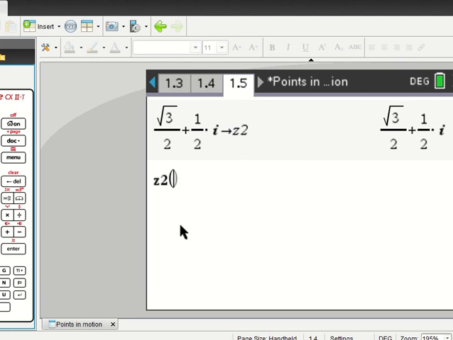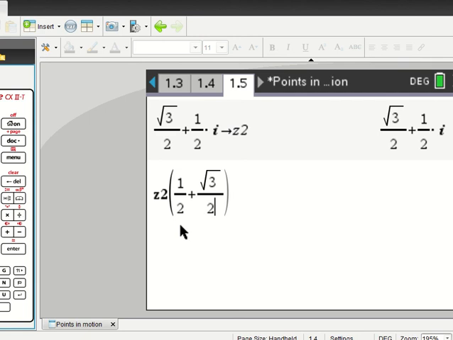Parentheses, control divide, 1/2 plus, control divide again, radical 3 over 2.